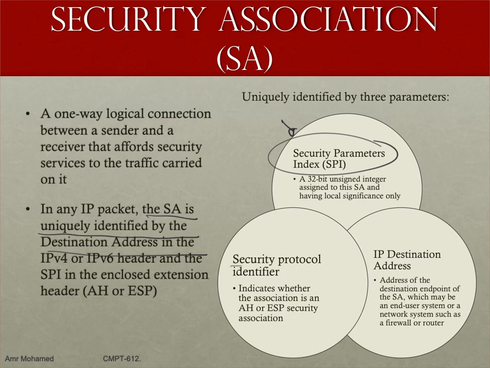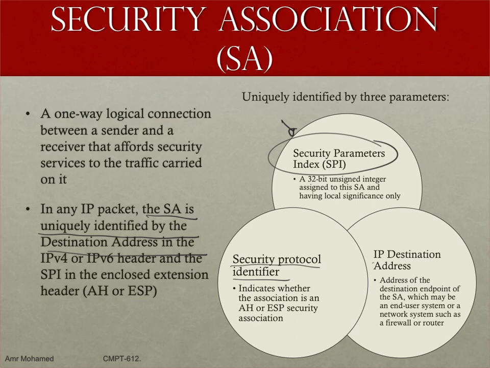Also, there is what we call the security protocol identifier. That also exists in the header, and it indicates whether this is an AH header or ESP header. So it's like a flag, because again, the location of the ESP or the AH might be in different places. So you have to identify what type of header this is, right?